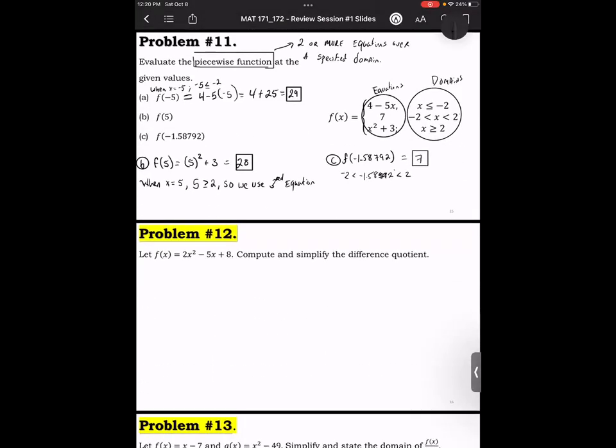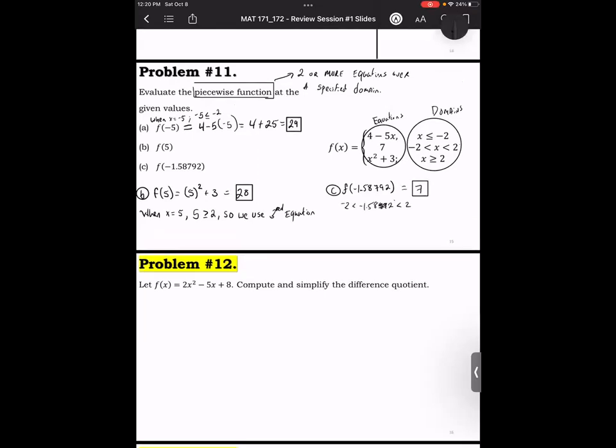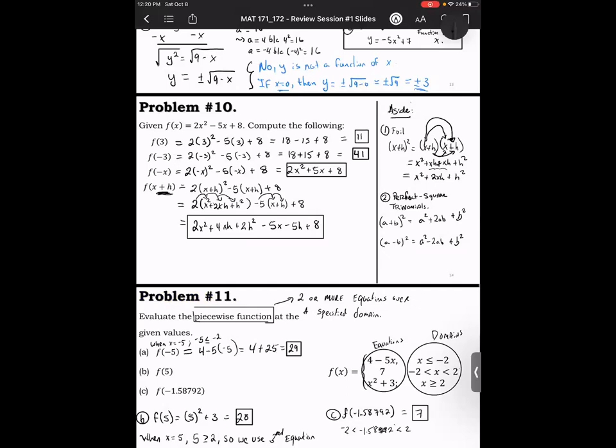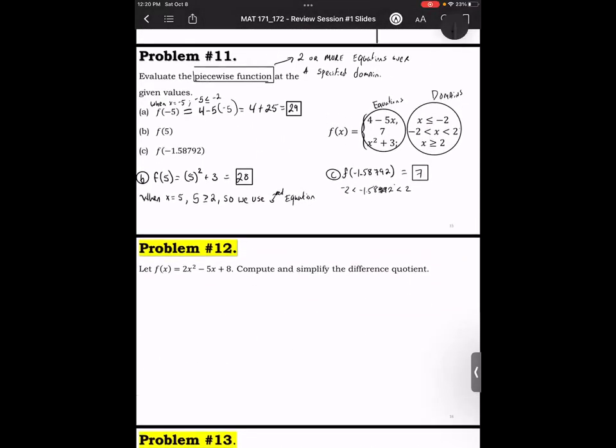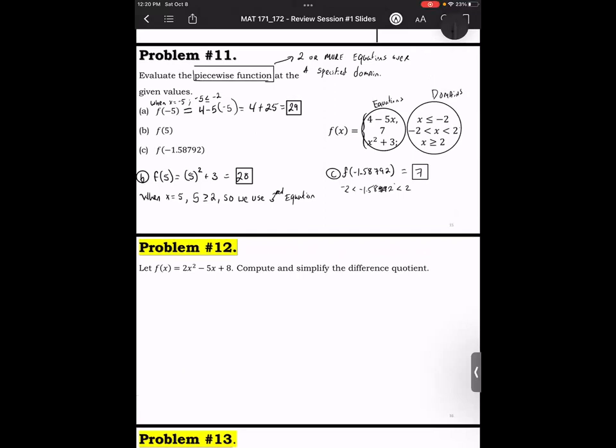So we're going to move on to problem 12. Problem 12 states, let f of x equals 2x squared minus 5x plus 8. So it's exactly the function that we worked with from problem 10. And we have to compute and simplify the difference quotient. Does anybody know the formula for problem 12? What is the difference quotient?